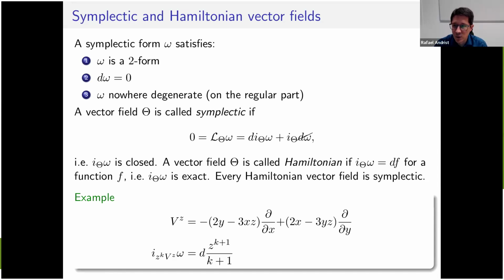So of course that's why I named it Vz, because it's really the vector field of the Hamiltonian function z. And if you have z^k times Vz, then you just have to take z to the power k plus 1 and divide by some constant. Then you get this. So these vector fields that we have investigated so far, they are all Hamiltonian vector fields. In particular, they preserve the symplectic form.